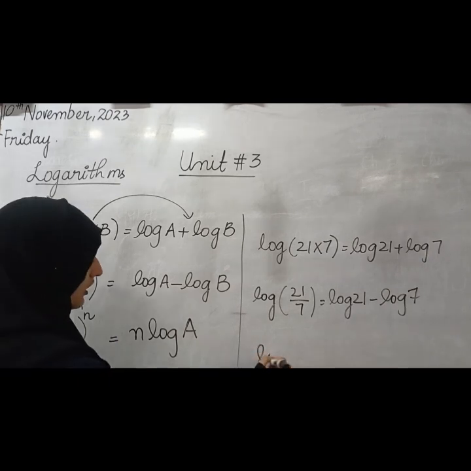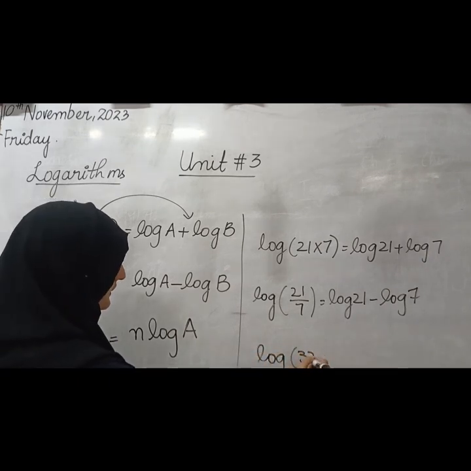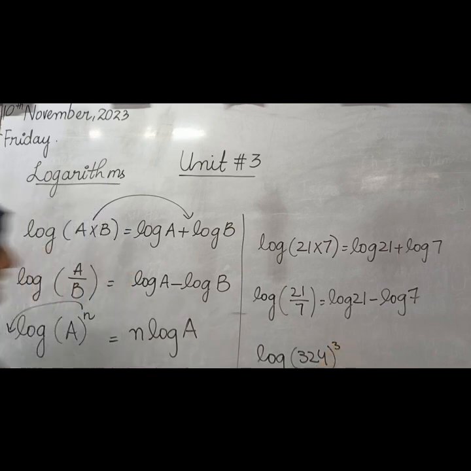If I have log of 324 raised to power 3, then it can be written as 3 log of 324. Got it? These are the laws of logarithm which will be used in numerical calculations of exercise 3.4.